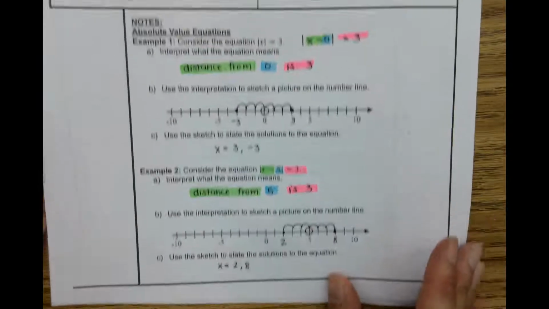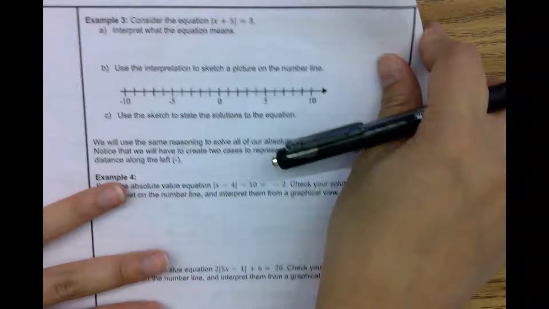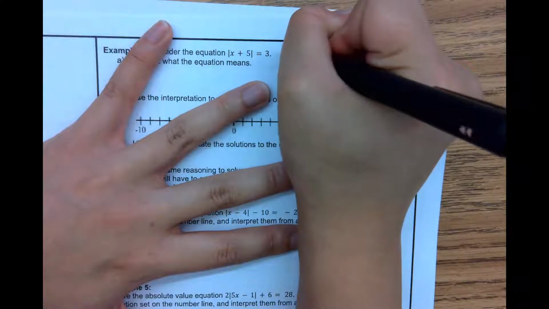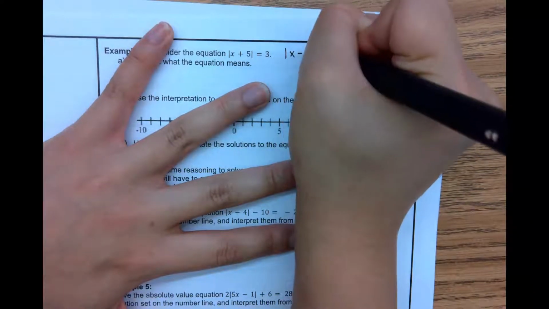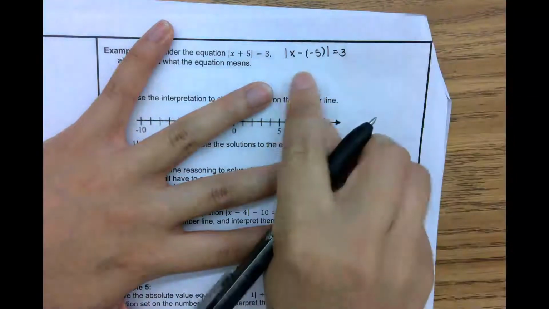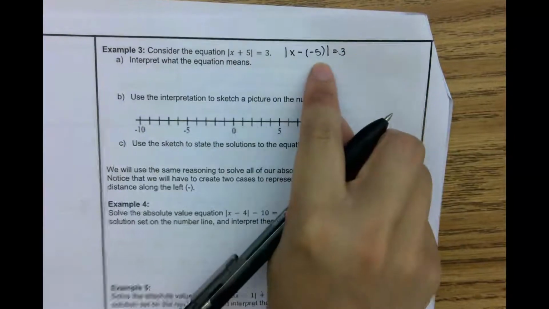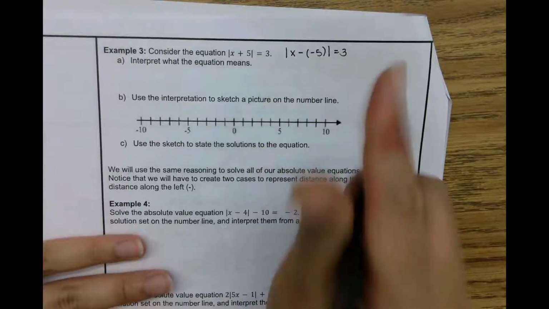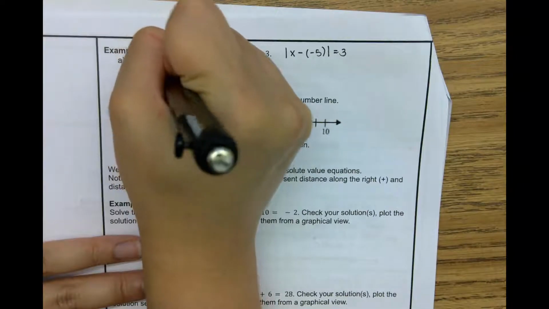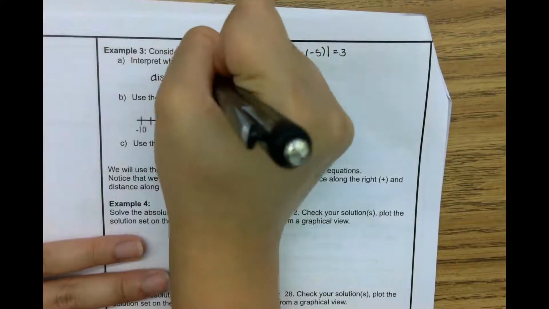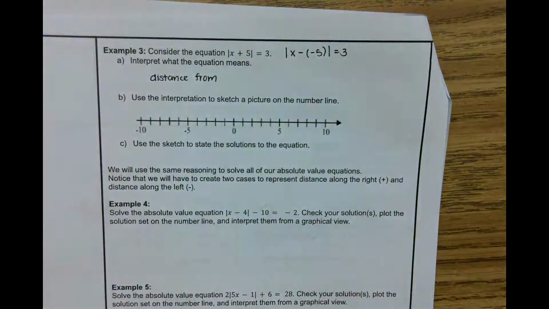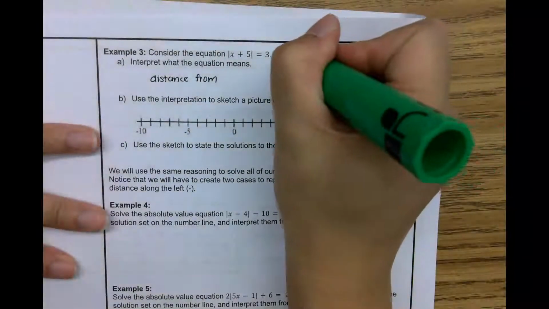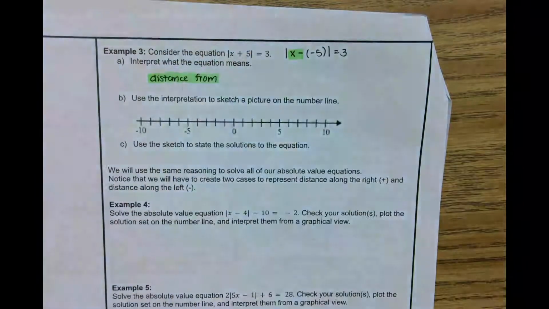Let's look at another one. Here we have the absolute value of x plus 5 equals 3. And we know another way to write this is x minus negative 5, because when we minus a negative, that means plus. So let's interpret what this means. Again, this x minus means distance from, when we're talking about absolute values.